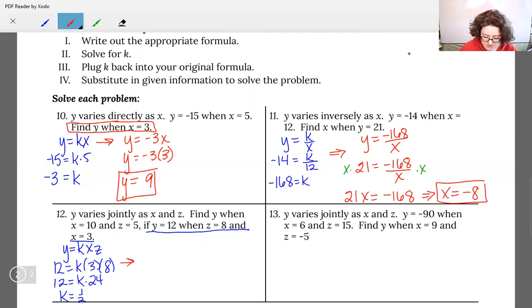So again, substitute it in. So y equals 1/2 xz. And now I can go back to the first part of that second sentence. So find y when x equals 10 and z equals 5. So we plug in. So 1/2 times 10 times 5. Well, 10 times 5 is 50, and half of 50 is 25.